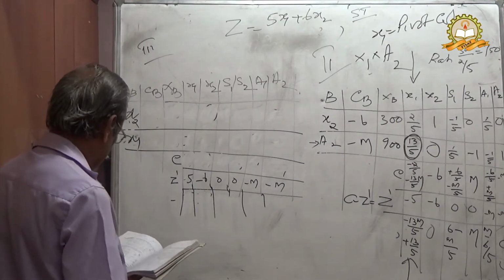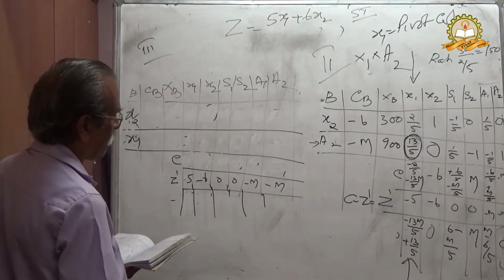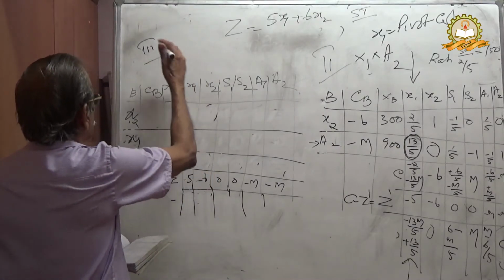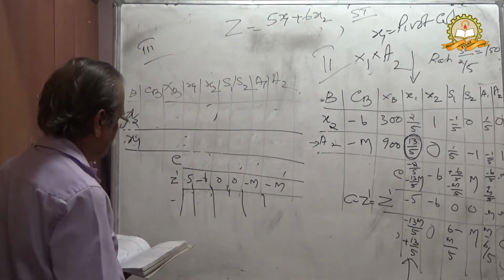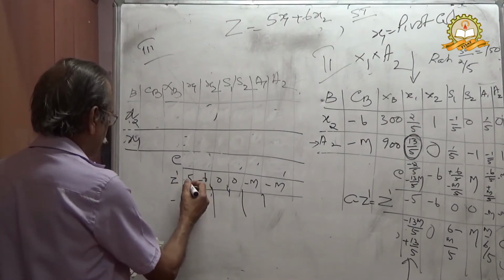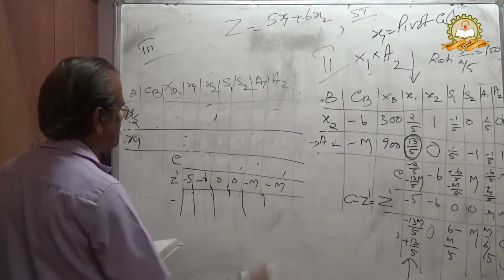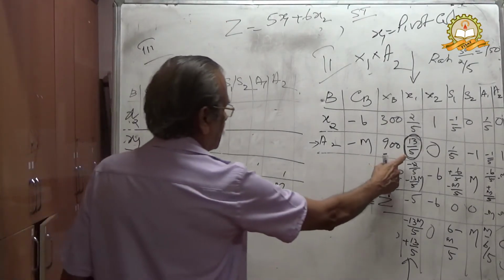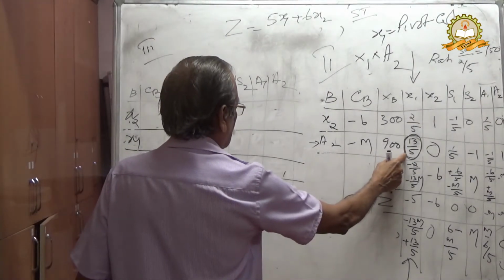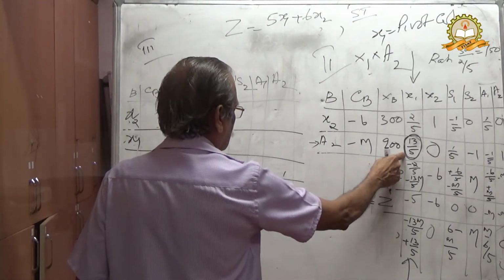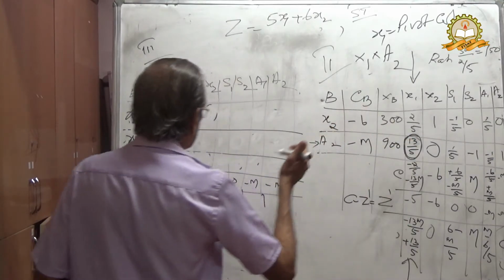The next revised table, you can write minus 5 minus 6 z dash equal to this. Then consider row A2. Divide by 13 by 5.